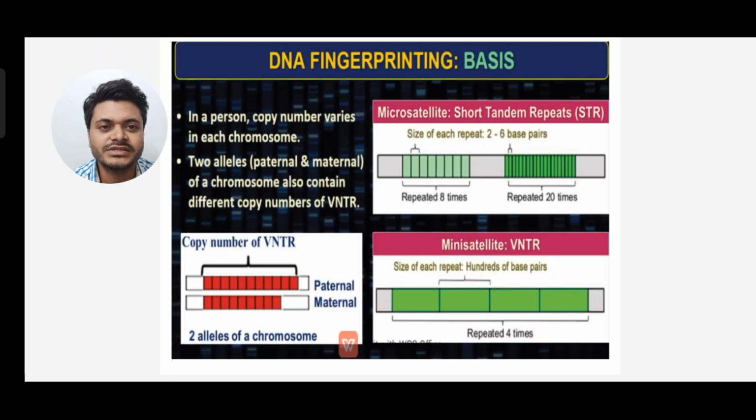You can see the copy number of VNTR in the paternal one and the maternal one. You have to remember here, microsatellites have 2 to 6 base pair repeats, and minisatellites have hundreds of base pair repeats.